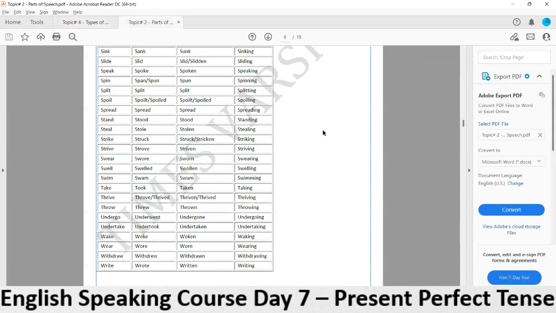For example, take, took, taken. If you are using the verb take, then the third form should be taken, right?